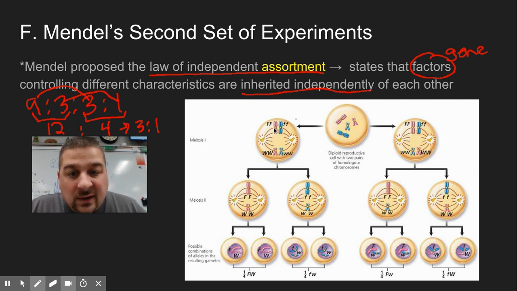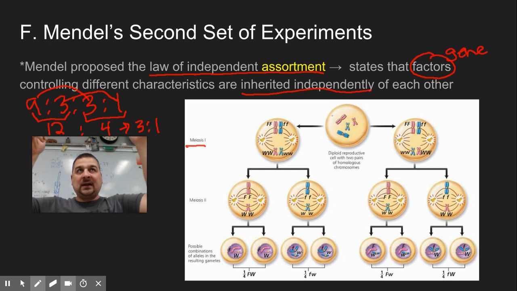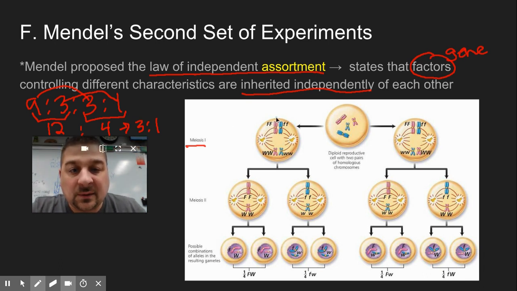So we now know in meiosis, when the homologous chromosomes line up, we talked a little bit about this in that chapter, how you can take your maternal and paternal chromosomes and they can line up on either side. So if you look at the homologous chromosomes, here's trait F on these two, and here's trait W down here on these, whatever that would stand for.